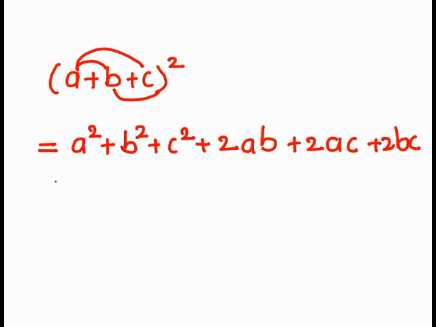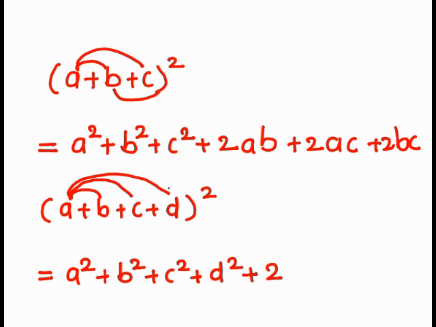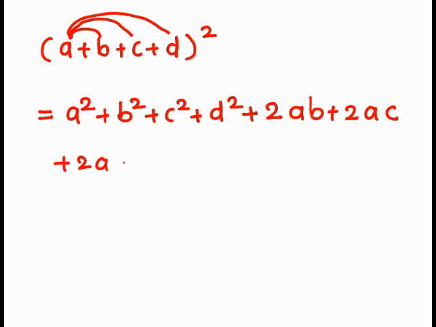One more thing we require, that is the square of A plus B plus C plus D. What is the square of this? Any guess? Just similar to the previous one. So we get A square plus B square plus C square plus D square, similar to the previous one, plus 2 times a combination of A, that is 2AB plus 2AC plus 2AD.